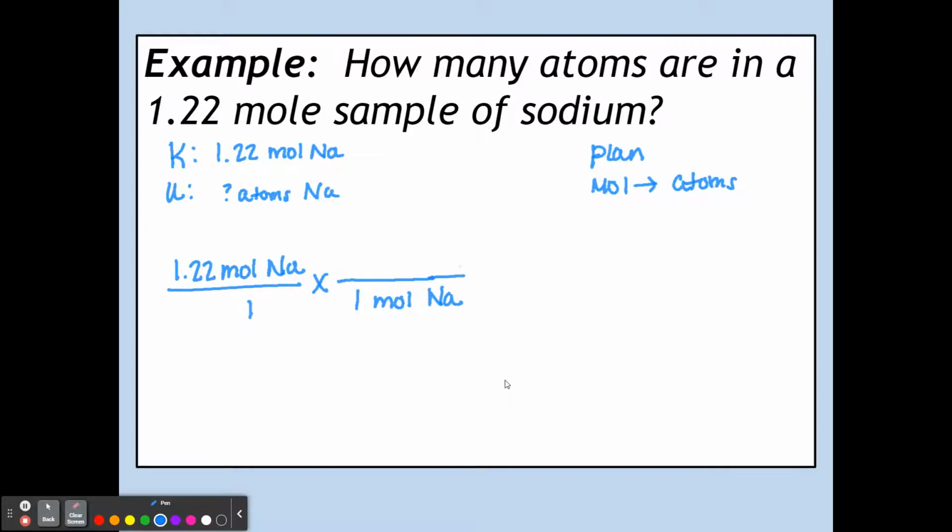And the number we're going to use is that gigantic number, 6.02 times 10 to the 23rd atoms of sodium.